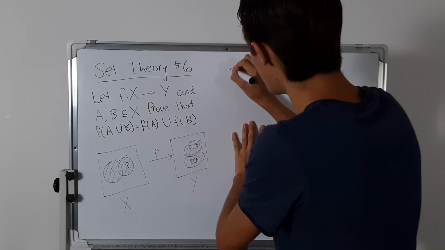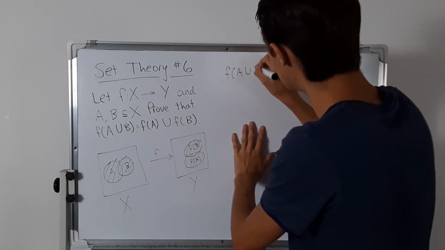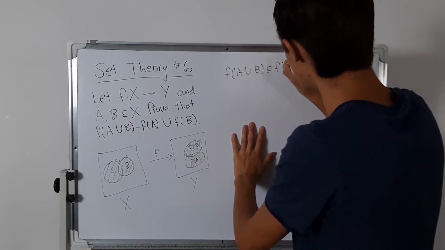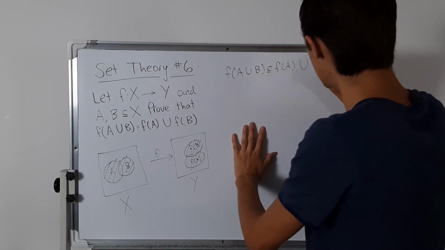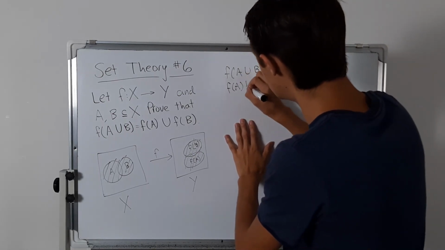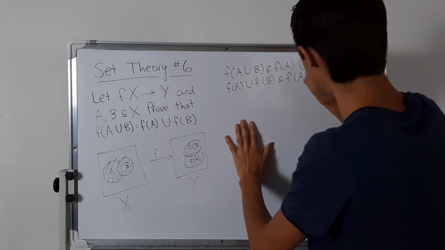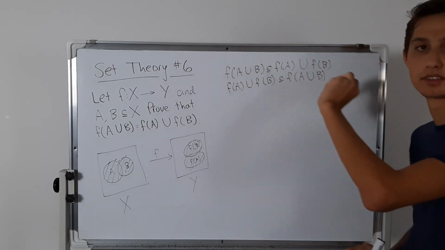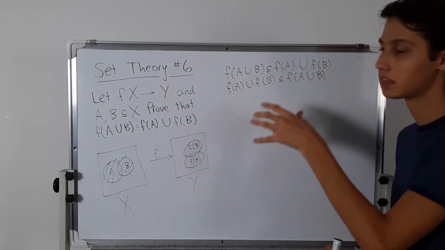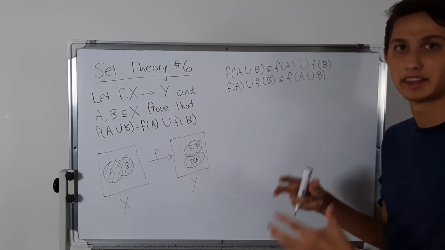So if we show that f of A union B is a subset of f of A union f of B, and then we show that f of A union f of B is a subset of f of A union B, with the condition that they could be equal, then the only possibility is that they're equal, right? Because if they're subsets of each other, then they have to be equal to each other.